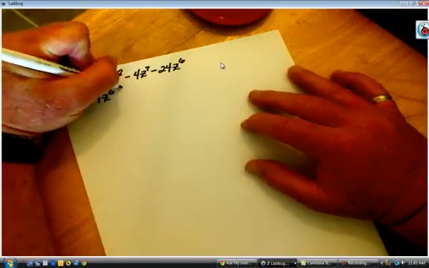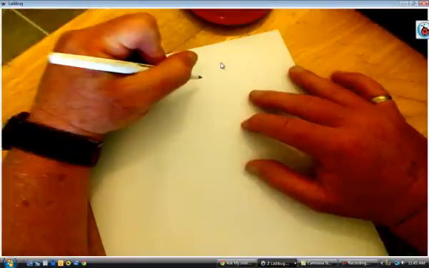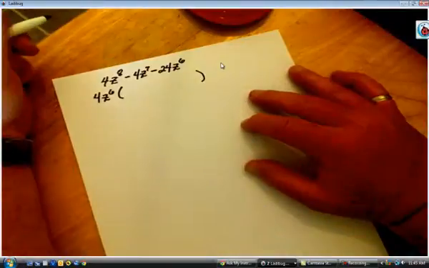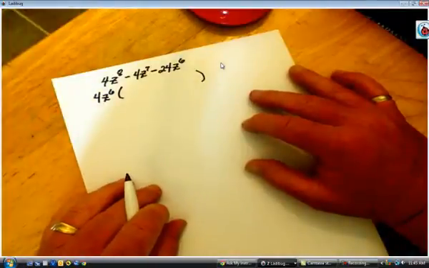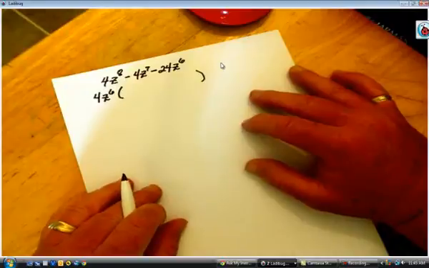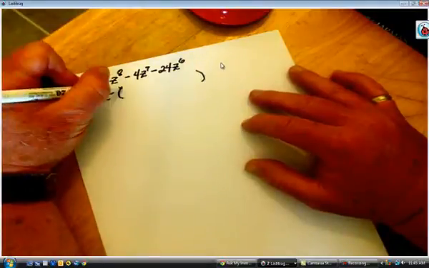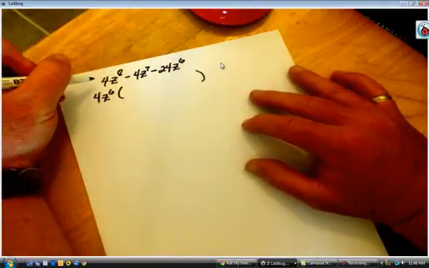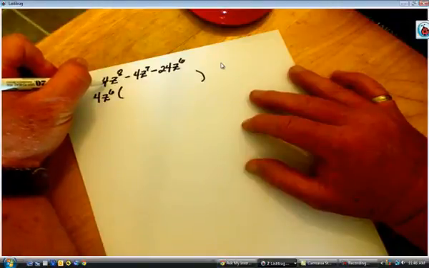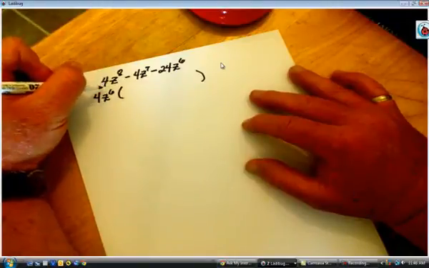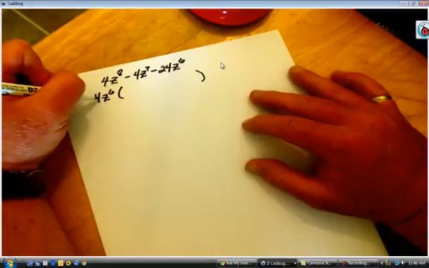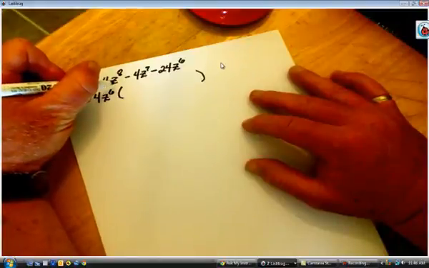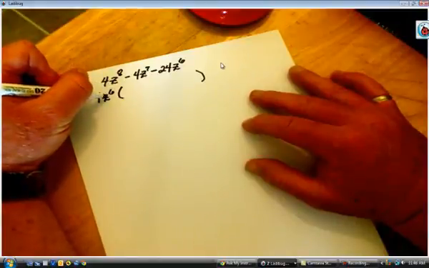And then we'll open up a big parentheses, big enough to hold what was already there. And we'll pretend we're distributing that 4z to the 6th. 4z to the 6th times what would go here to give us a 4z to the 8th? Well, we've already got the 4 that we need on the outside. We need to come up with a z to the 8th, and we've got a z to the 6th on the outside.